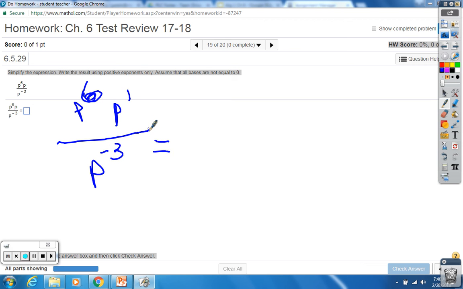The first thing I would do here is combine these p's on the top. Since we're multiplying bases with exponents on the top side, we would have p to the 6 plus 1, which would leave us with p to the 7th. And then on the bottom we still have p to the negative 3.